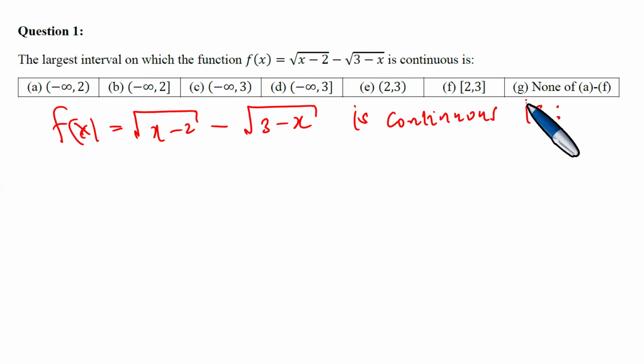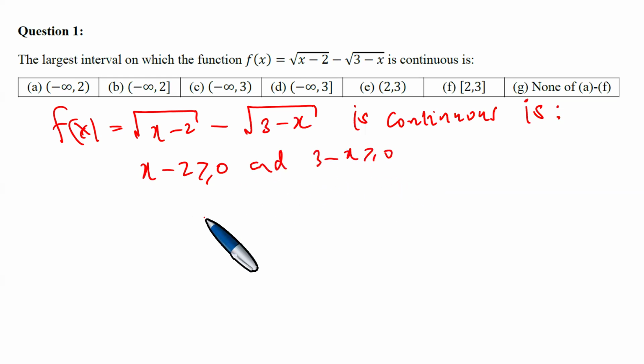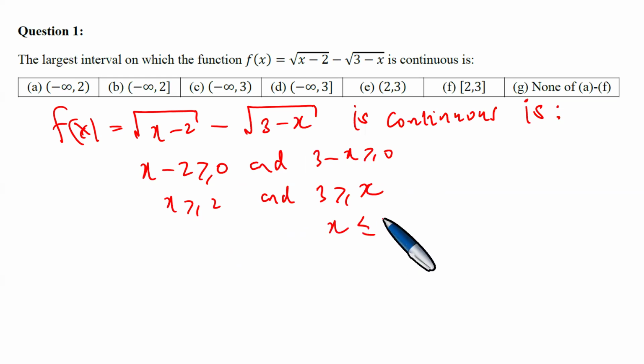You'll be in a position to see that for the largest interval on which it is continuous, as we said last time, x minus 2 must be greater or equal to 0, but also 3 minus x is greater or equal to 0. That is, x is greater or equal to 2, and 3 is greater or equal to x, or you can write x less or equal to 3.